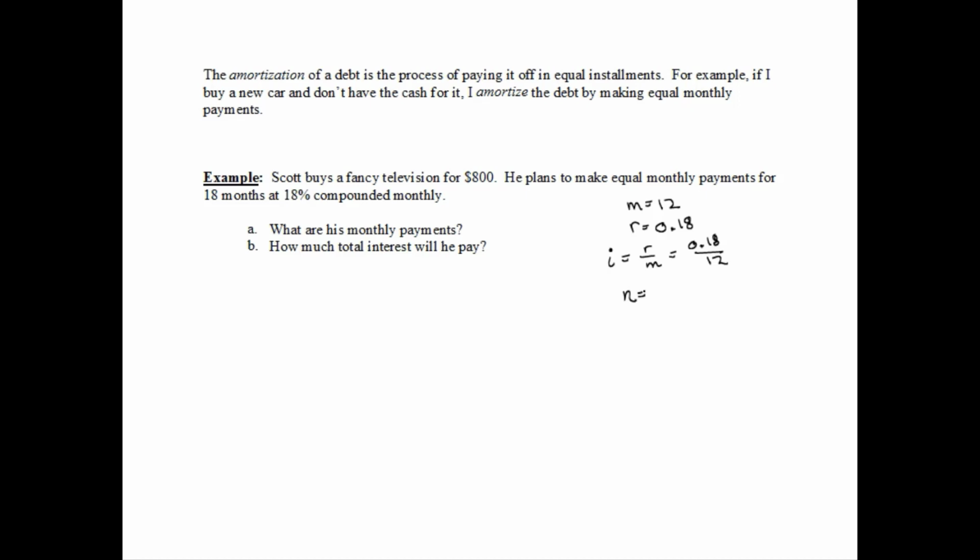How many payments will we have? Equal monthly payments for 18 months. That means we will have 18 of them. We notice that we are making periodic payments. That means we have one of the annuity formulas. Do we use the present value of an annuity or future value of an annuity formula? Well, where is the big lump sum occurring? What's the big lump sum?